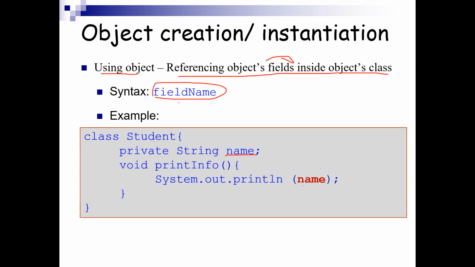Since it is within that class, you simply write the name of the field. Like here, I'm accessing this variable. This is a field of my class's object, and I'm trying to access it inside the same class, so I simply have to write the name of the field.